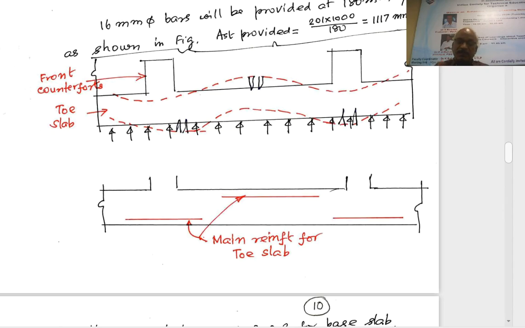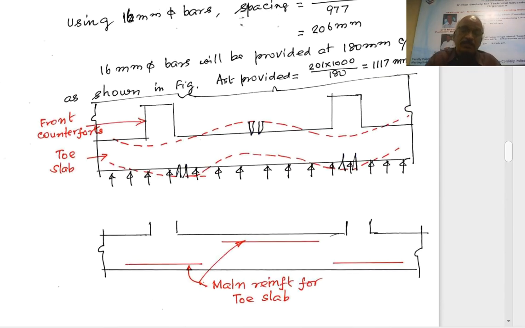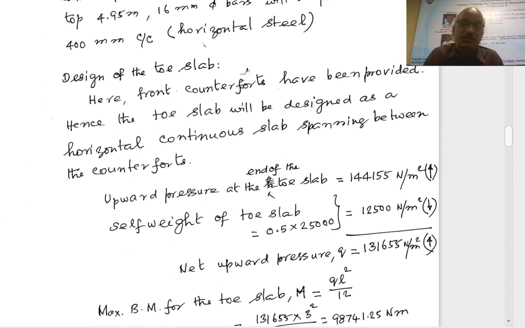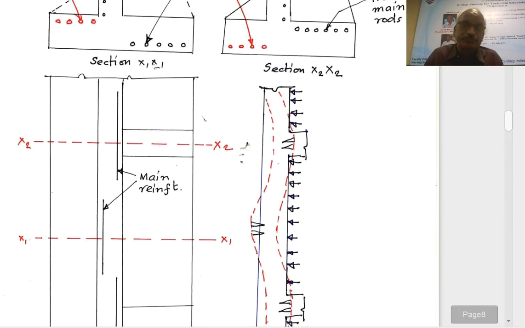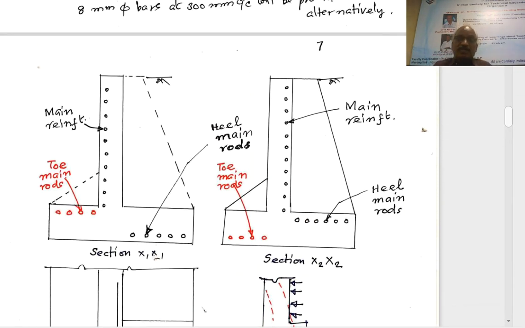If this is clearly understood now, understanding any drawing with the full reinforcement will not be difficult. Right. Therefore, spending a little more time, nothing wrong. So now we can see the cross section once again. Yes. Now we can see the toe slab reinforcement, say on the left hand side.